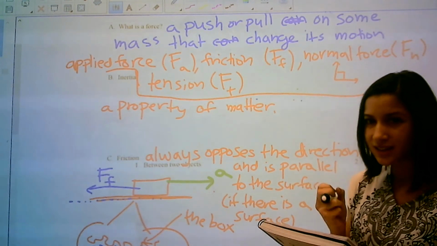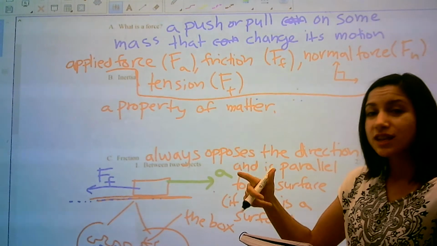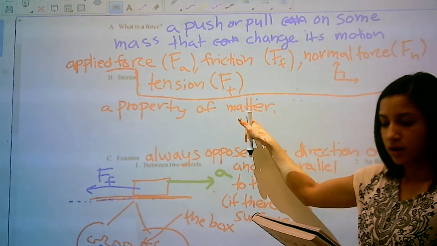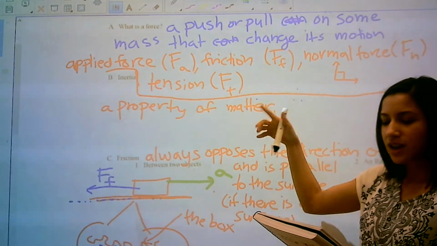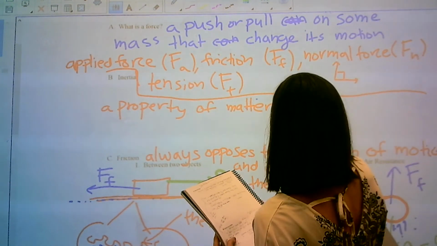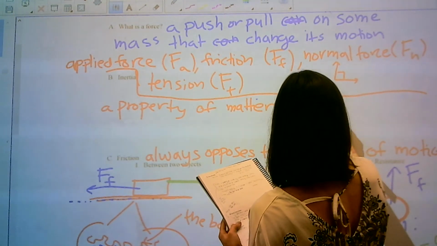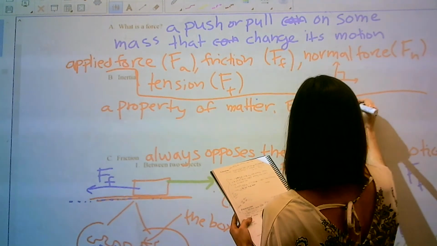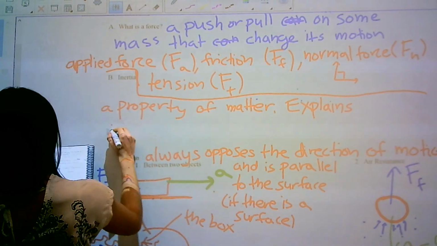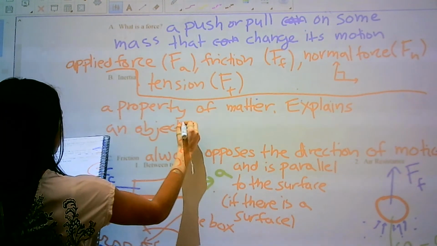So I can condense that down to one thought: inertia is essentially a property of matter that quantifies an object's resistance to a change in motion. I'm not talking about friction here.